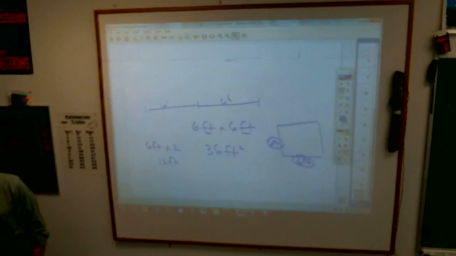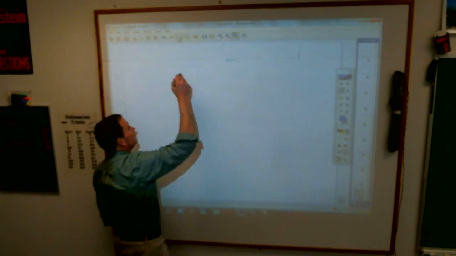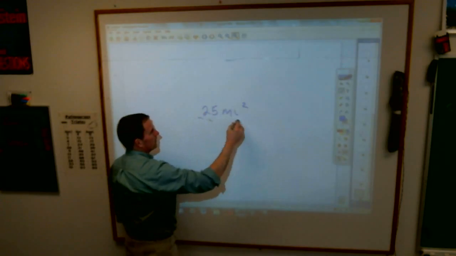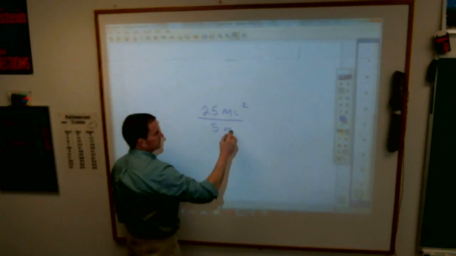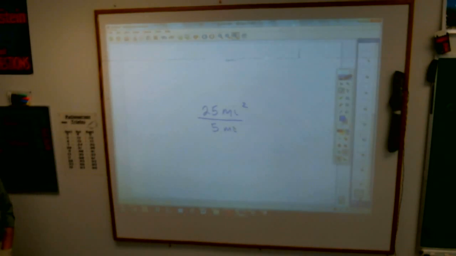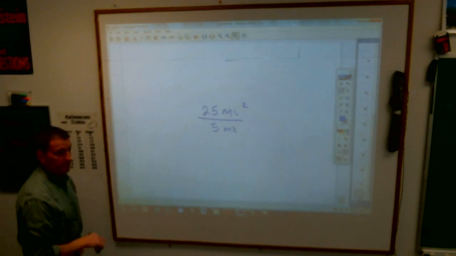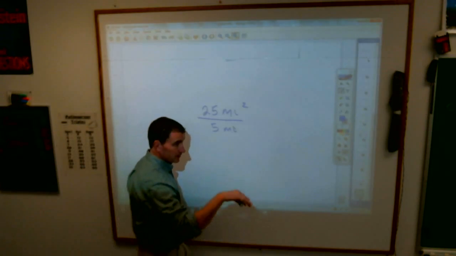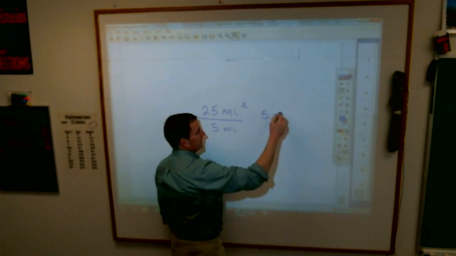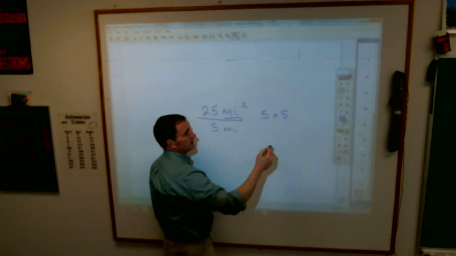And the same way if you see this. What if you have 25 miles squared over 5 miles? Now this you have to go back to when we did the whole prime factorizing things. Remember you broke it down? 25 is 5 times 5. Well, what is miles squared?